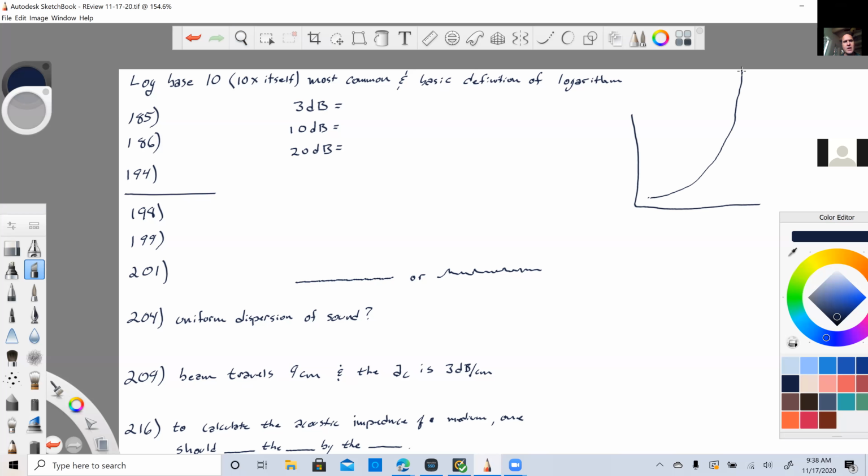All right, so that's what that is. Log base 10 is the most common logarithm, so common that they pretty much just say log base 10.